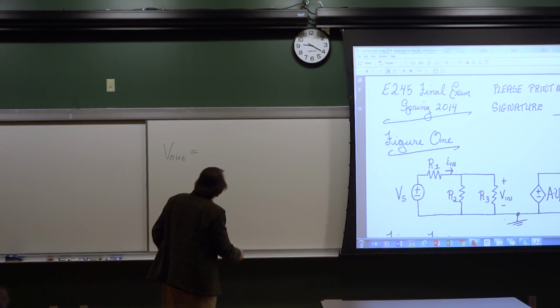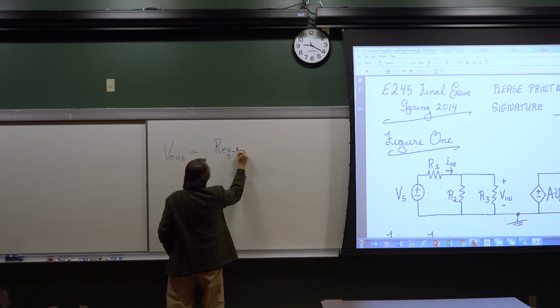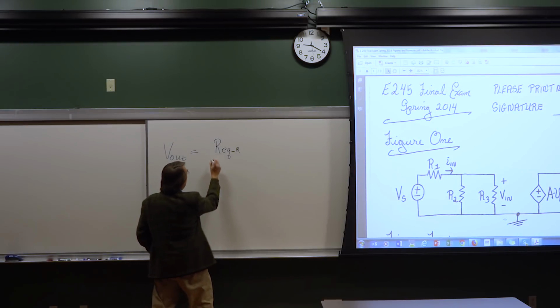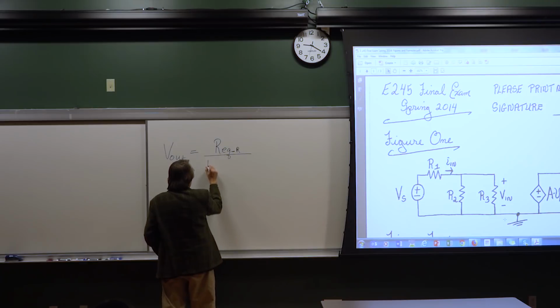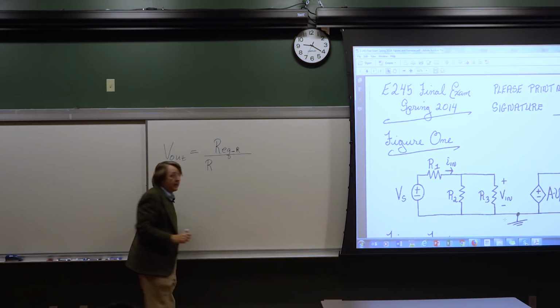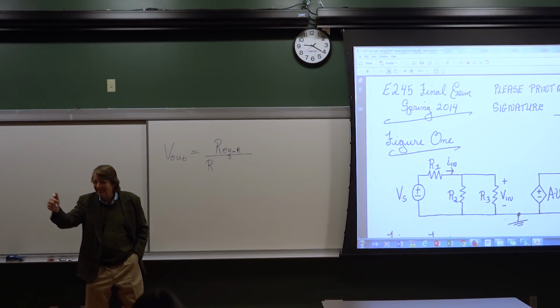It's product over sum. So we're going to see that this is REQ, let's just call it R for right, REQ right over, and then that's R4. REQ underscore right, is that okay? R for right? All right, good.